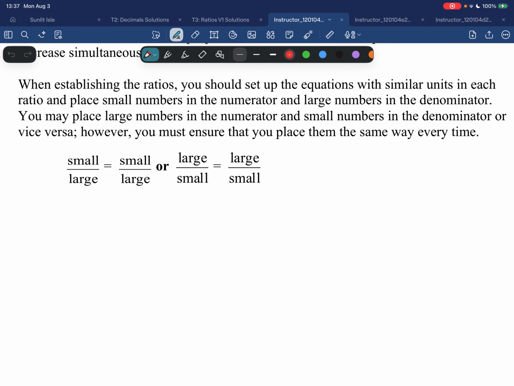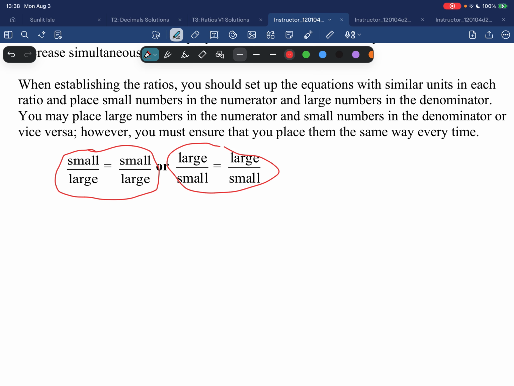When establishing the ratios, you should set up the equations with similar units in each ratio and place small numbers in the numerator and large numbers in the denominator. Or you may place large numbers in the numerator and small numbers in the denominator. However, you must ensure that you place them the same way every time. So you're either doing small numbers on top or large numbers on top.